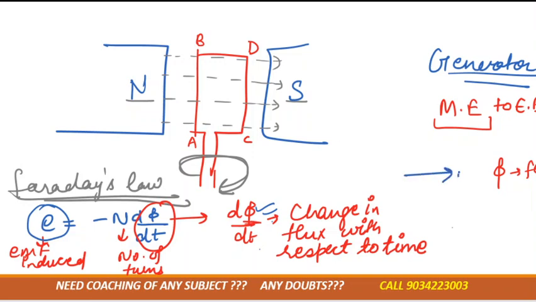So if the field lines cut, the flux will change also. When the coil is horizontal, it forms a 0 degree angle. If the coil is at 45 degrees, then the value of flux will change. If it is at 90 degrees, then also the value of flux will change. So whenever we start rotating this coil, suppose manually by your hand, the field lines will cut, and if the field lines cut, then the flux will change.